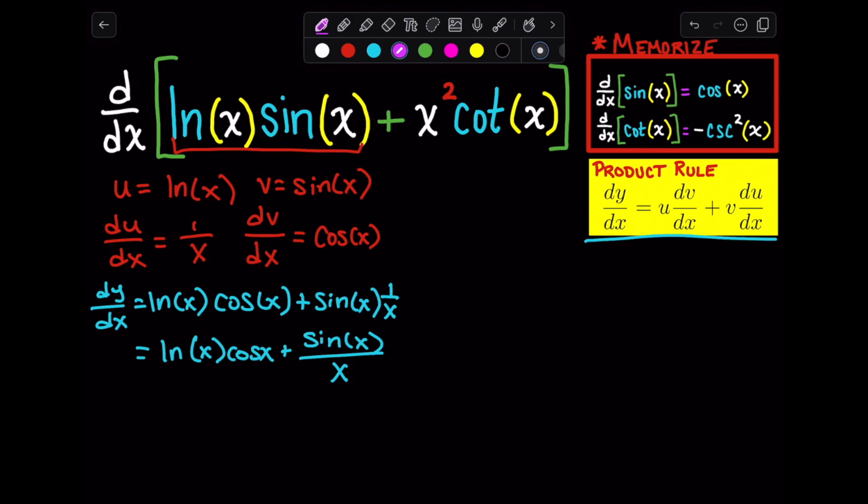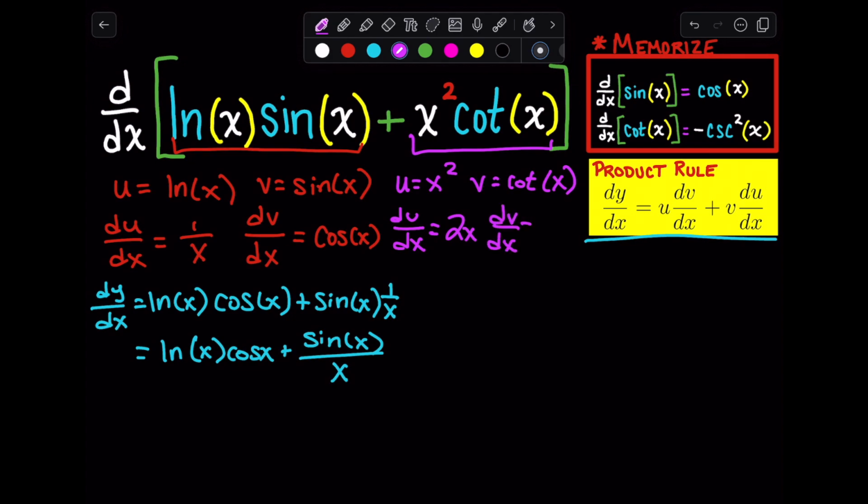We still have these two terms that are multiplied together, so we need to apply the product rule a second time. We could define u here as x squared and v as cotangent x. du dx equals 2x. dv dx equals negative cosecant squared x, as written up here.